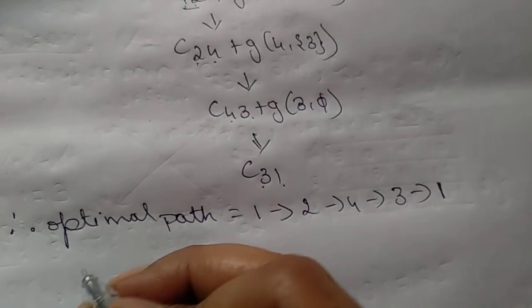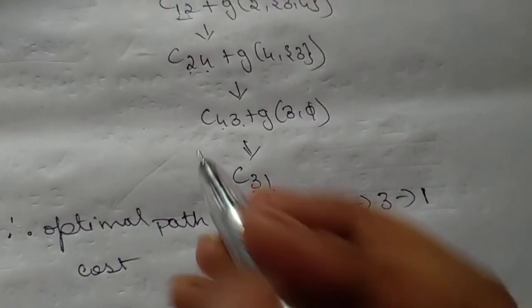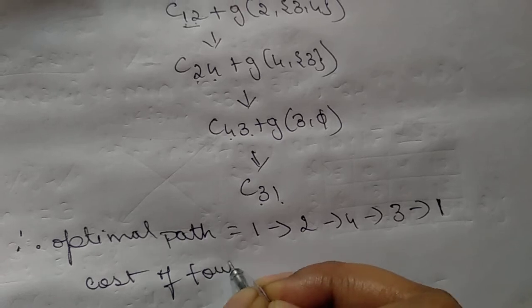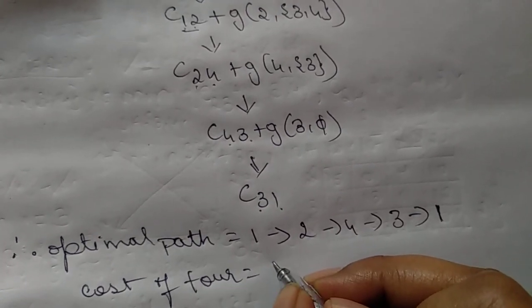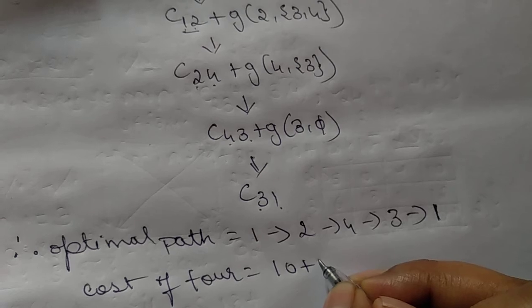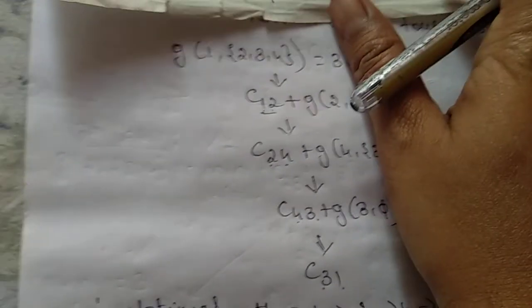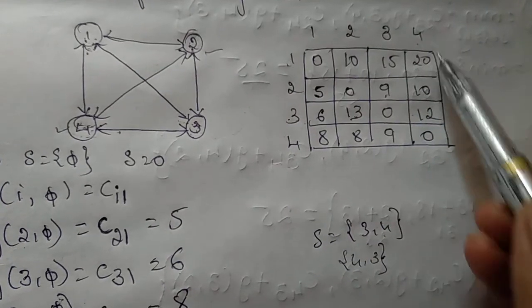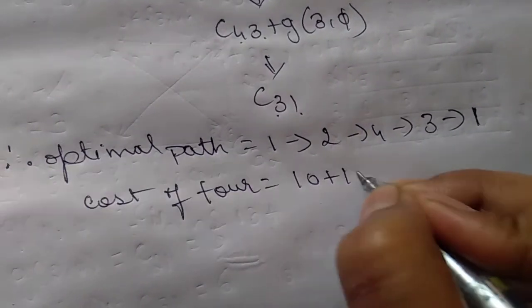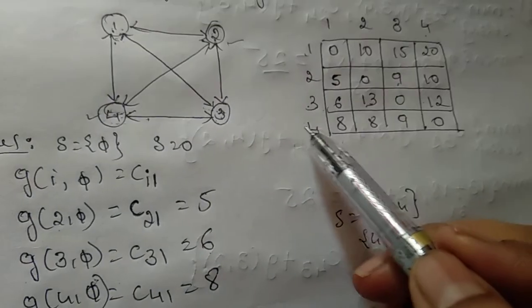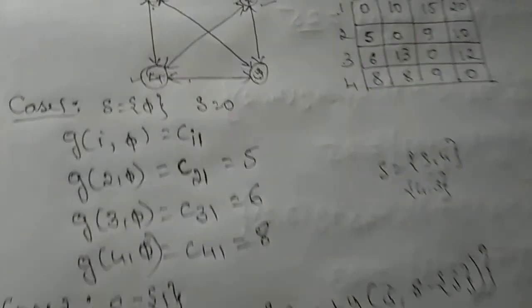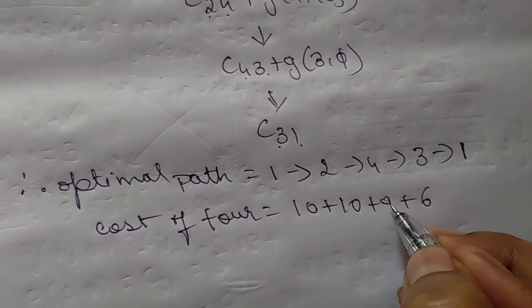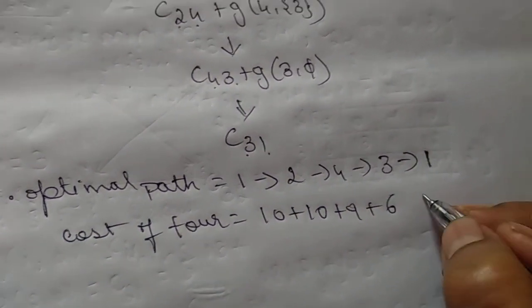Okay, then cost of tour is equal to: 1 to 2 it is 10, 2 to 4 again it is 10, then 4 to 3 it is 9, then 3 to 1 it is 6. 20, 29, 29 plus 6 it is 35.